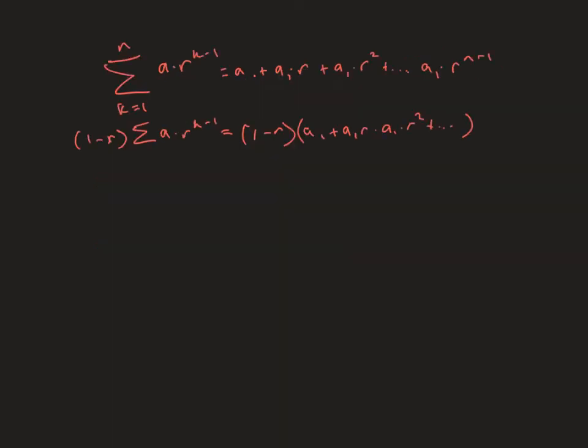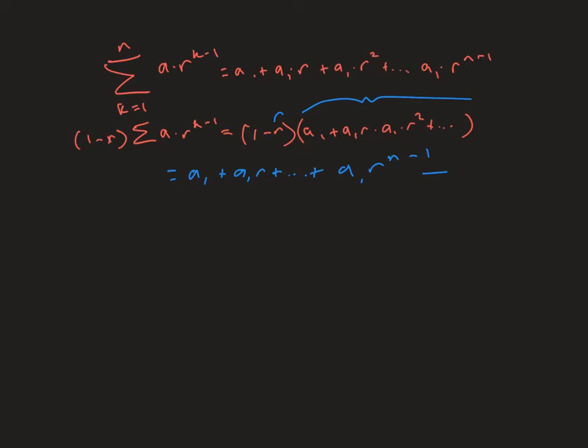I just moved what we had up to the top to give us more room. Now on the right, we're going to multiply out the parentheses. We leave the left the same, and on the right, if we multiply out the parentheses, we get a sub 1 plus a sub 1 times r plus dot dot dot plus a sub 1 times r to the n minus 1. Then minus, because now we have this minus r, and we have to multiply it by this whole parentheses.